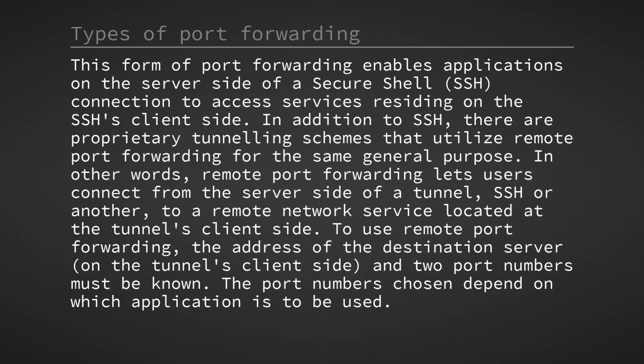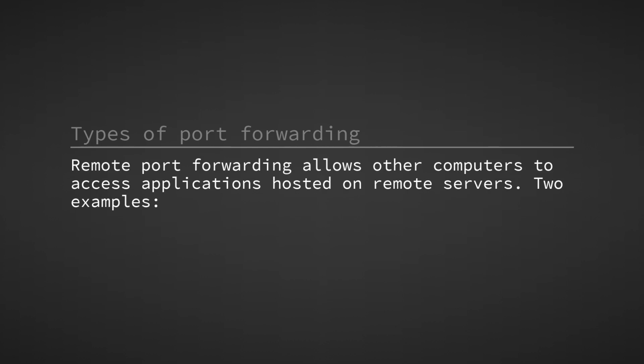In other words, remote port forwarding lets users connect from the server side of a tunnel, SSH or another, to a remote network service located at the tunnel's client side. To use remote port forwarding, the address of the destination server, on the tunnel's client side, and 2 port numbers must be known. The port numbers chosen depend on which application is to be used. Remote port forwarding allows other computers to access applications hosted on remote servers.